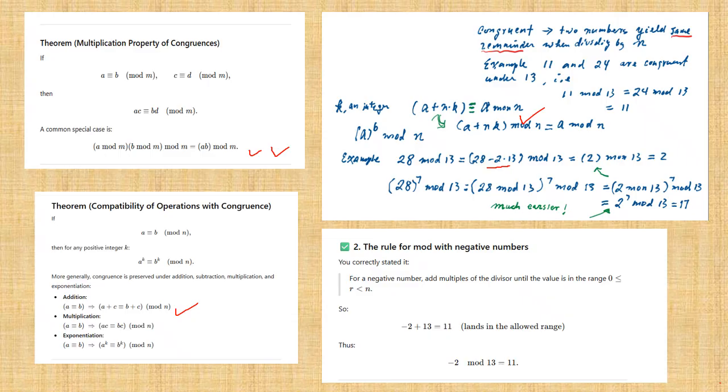Let's apply these properties: add these properties and then apply this one here. You do the mod first. Whenever you do mod, it becomes a smaller number. Then 28 mod 13 is actually 2, so you get 2 to the 7th mod 13, which you can even do by hand or with a simple calculator. Most calculators cannot handle the huge number, but they can handle the smaller one.